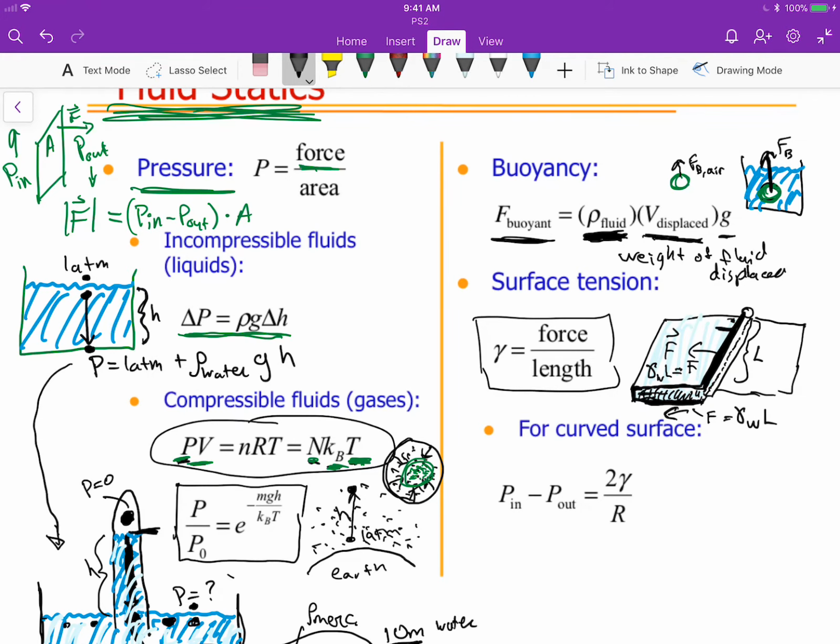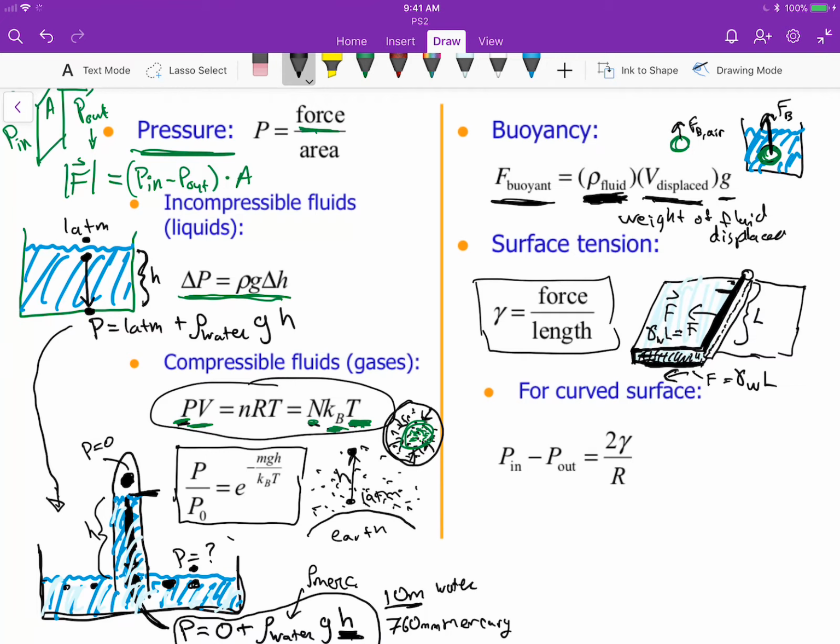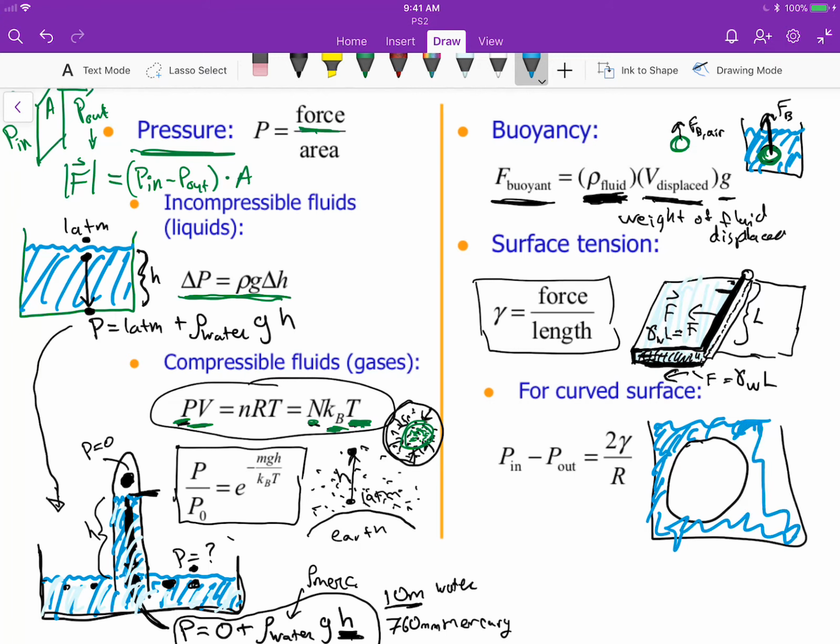And then that led us to the situation where we were talking about bubbles. Let's say we have a container that has some fluid in it, and then there's a cavity of air. You could call it a bubble, but it's a cavity, so there's only one water-air interface right here.